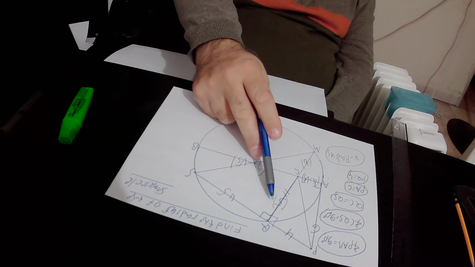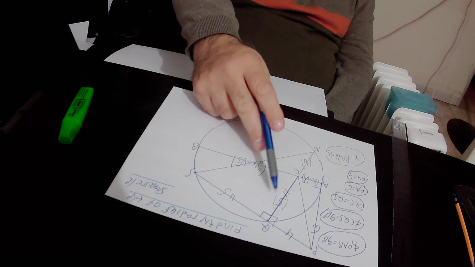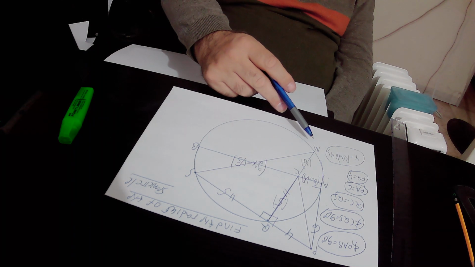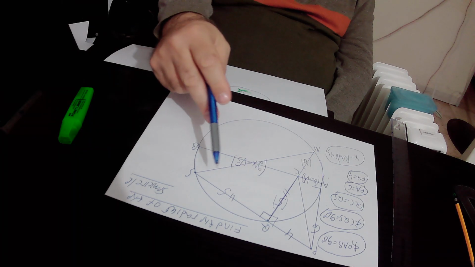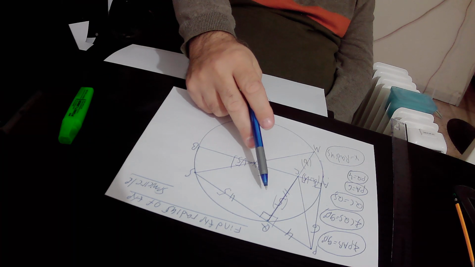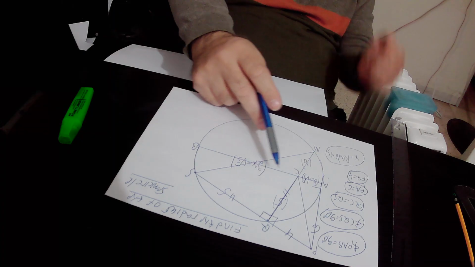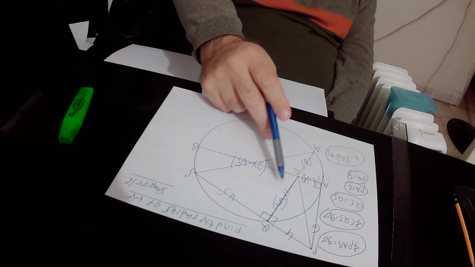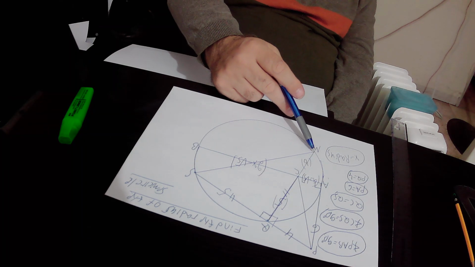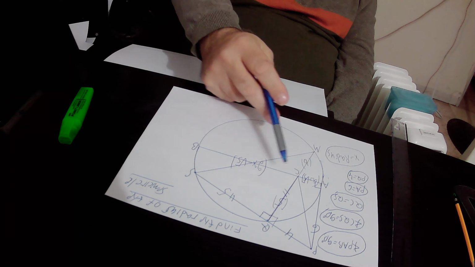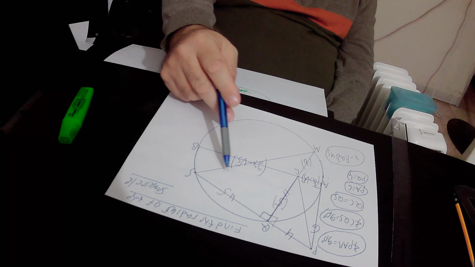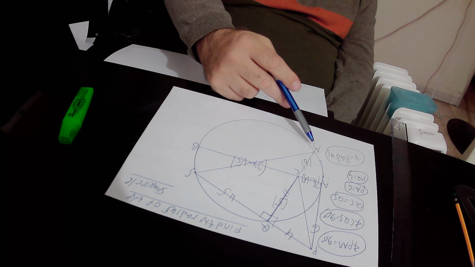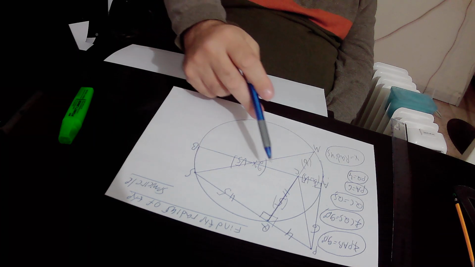When we extended the leg QC, we got QM. Therefore, this peripheral angle MQS still will be equal to 90 degrees, because it is the same angle CQS, and we just extended the leg QC by a straight line. Angle CQS is exactly the same angle as angle MQS.